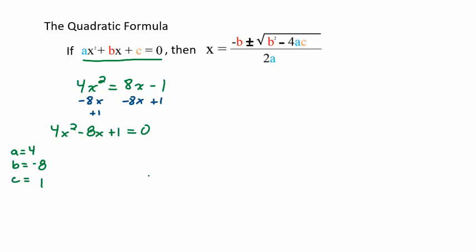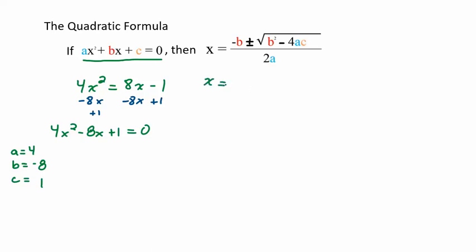So now to solve the equation, we're going to take these values and plug them into the quadratic formula. Maybe you want to pause the video and plug that in and simplify and see how far you can get. That's always a good way to practice. Alright, so I'm going to go up here and do this.